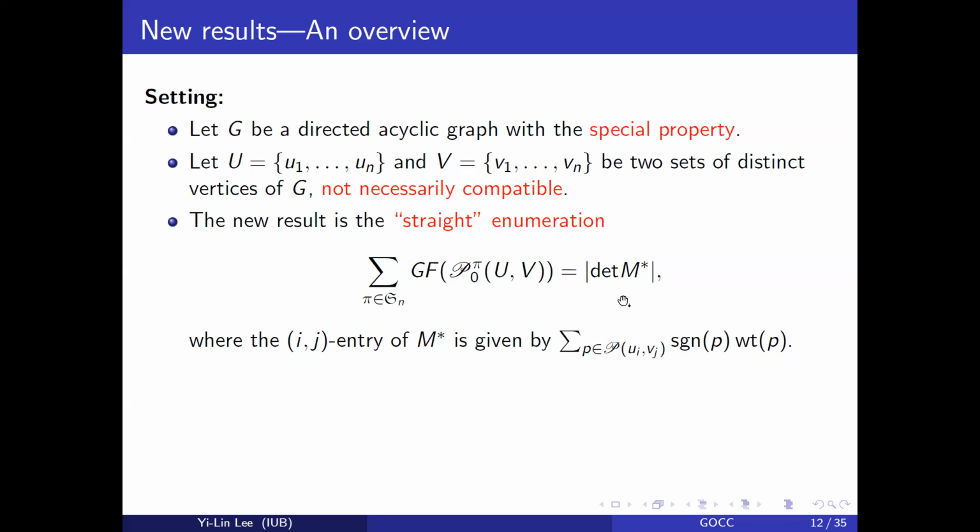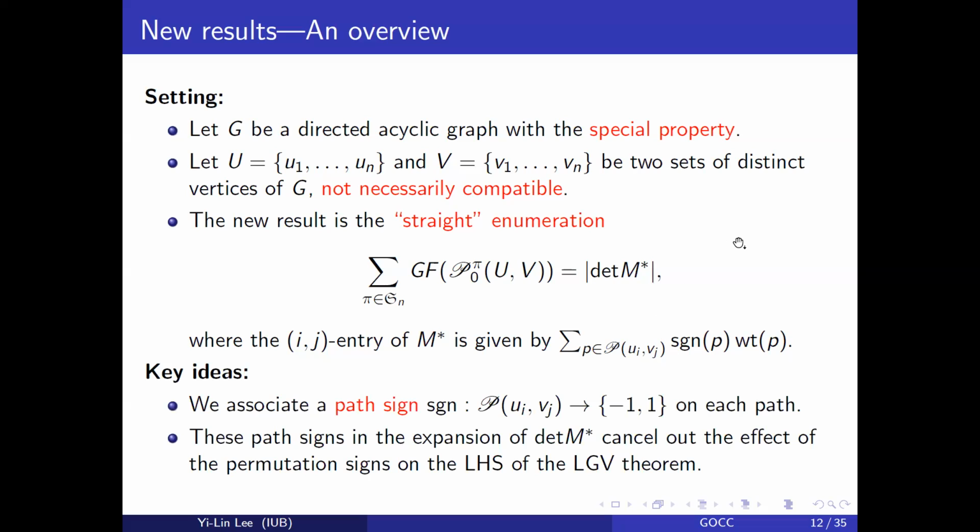And it's given by a determinant of a new matrix M star, where the ij entry of this new matrix is given by the sum of products of the sign of the path and the weight of the path. And these are the paths going from Ui to Vj. And here, this is a new thing, the sign of the path.